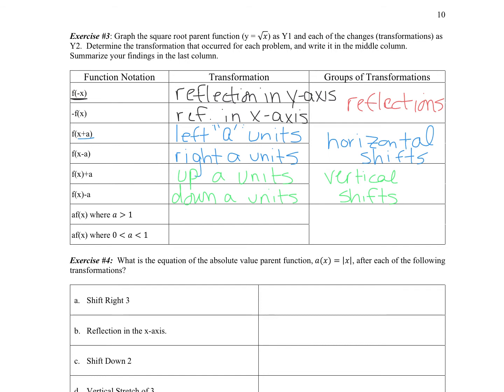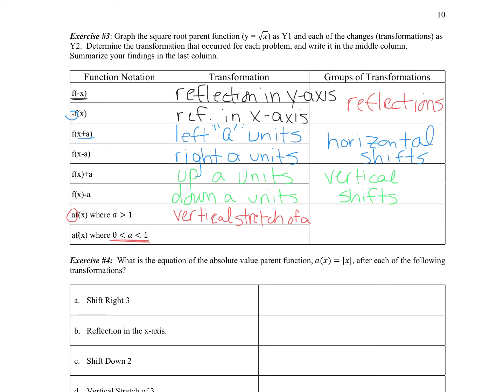And lastly, this says a times f of x, where a is greater than 1. So if we put a number greater than 1 in front of the function and we multiply it, that is going to do a vertical stretch of a. And if the number is negative, just a side note, that means there's also a reflection involved, okay?